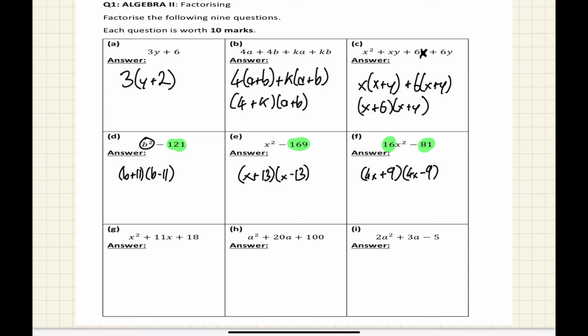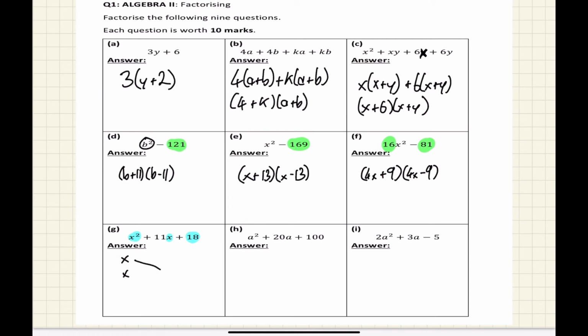Okay. So the next three questions, G, H, and I, these are trinomials. How do I identify a trinomial? I'll just use the highlight feature here. There is an x squared, and there's an x, and then there's a regular number. That's how I identify a trinomial. We're going to use the factorizing method that I've shown you with the big X. You have x multiplied by x, which gives you x squared.